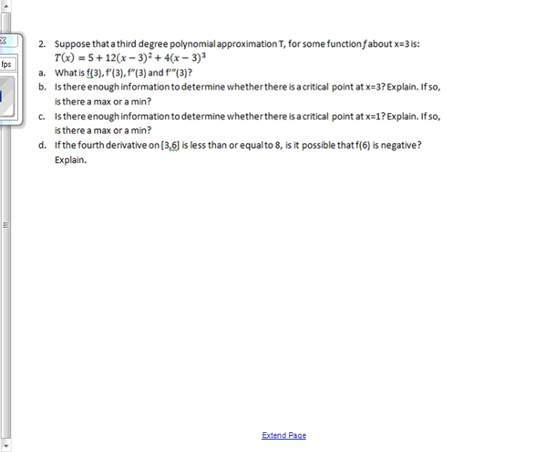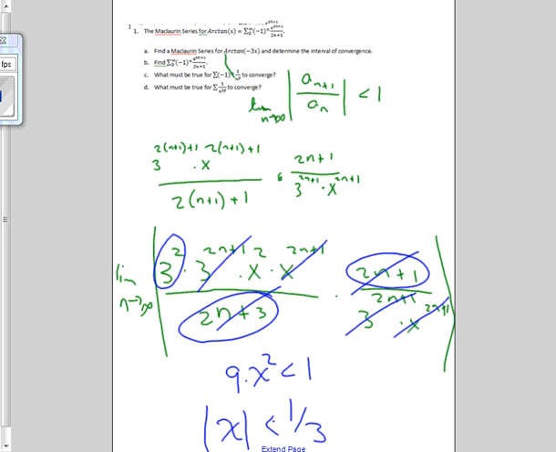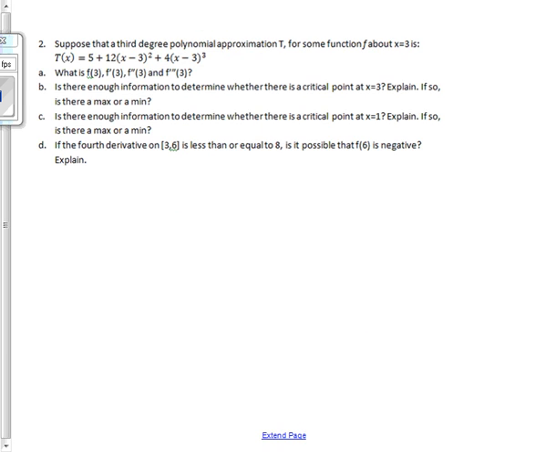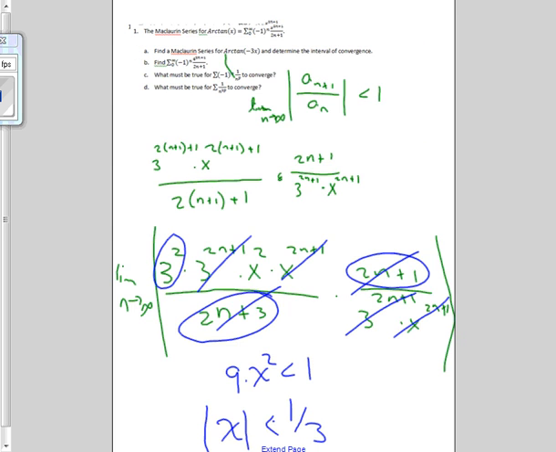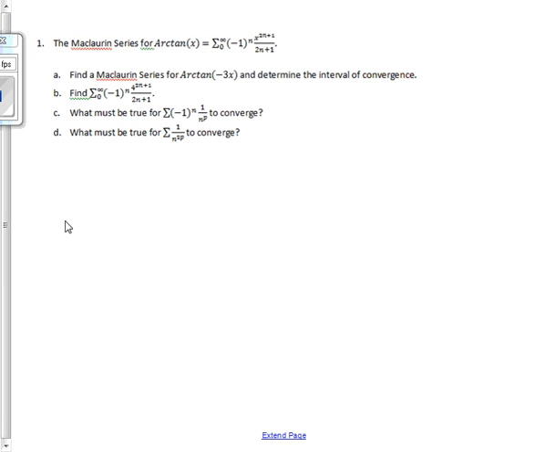In the next question, part B says evaluate the following series. On first look, you would be thinking, oh, I don't even know what to do, where to start.